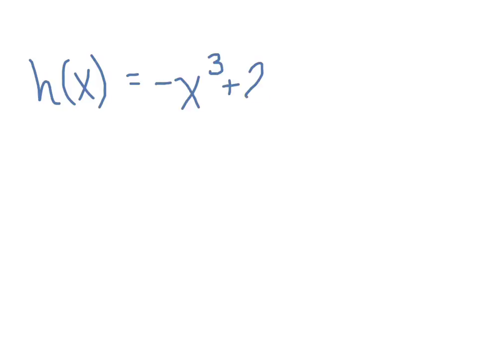Okay, so for number 1, it says h of x equals negative x to the third plus 2x squared minus 15x to the 7th.